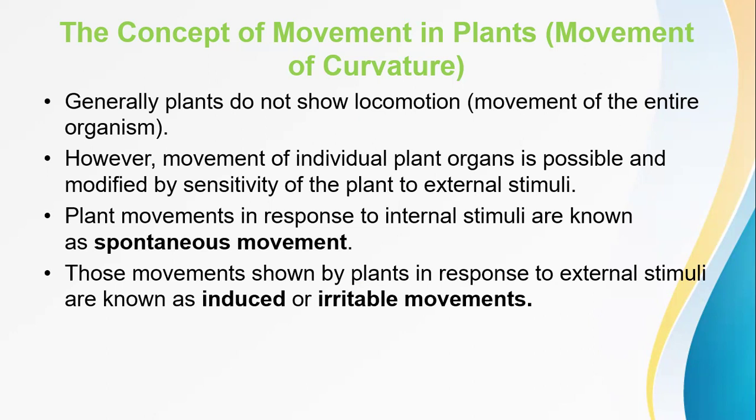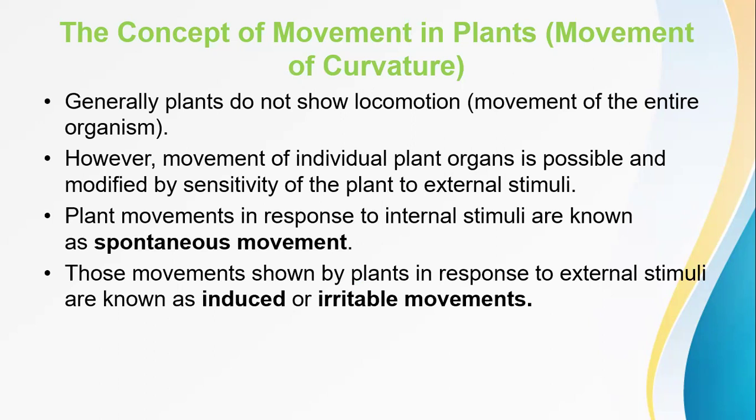However, the movement of the individual plant organs is the one that is possible, and it is modified by sensitivity of the plant to the external stimuli. So the sensitivity of the plant to external stimuli is the one that is responsible for the movement of the individual plant organs. Now, plant movements in response to internal stimuli are known as the spontaneous movements.